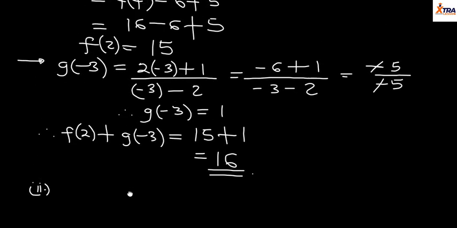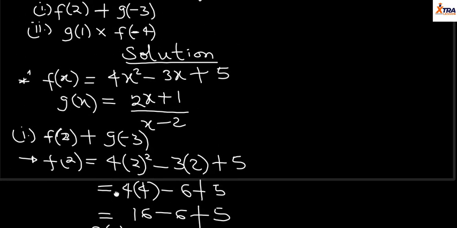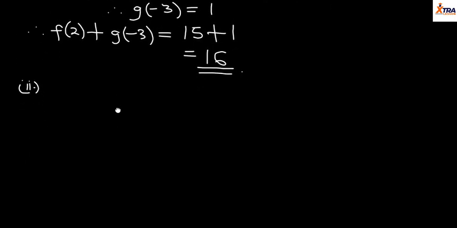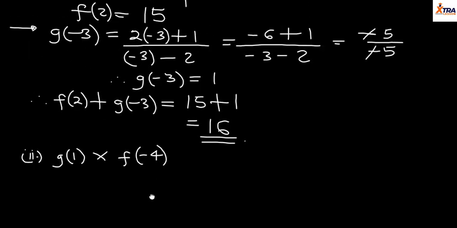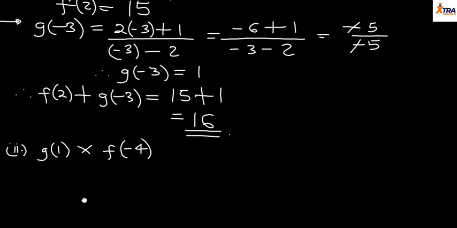what am I asked to find? In my figure 2, I am asked to find g of 1 times f of minus 4. For the g function, we know the g function is basically 2x plus 1 over x minus 2.